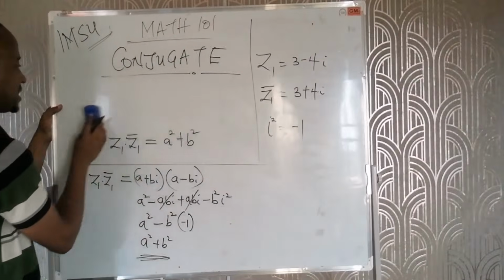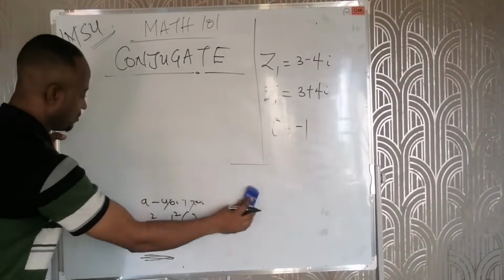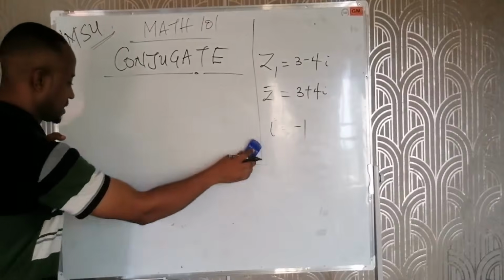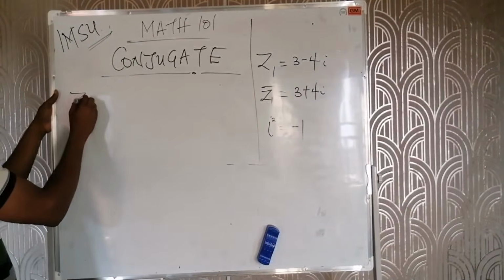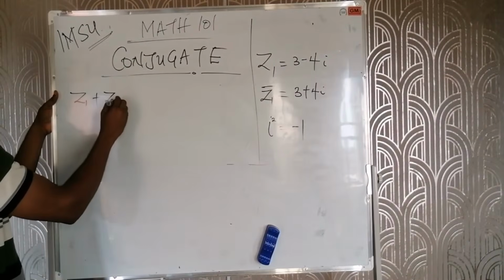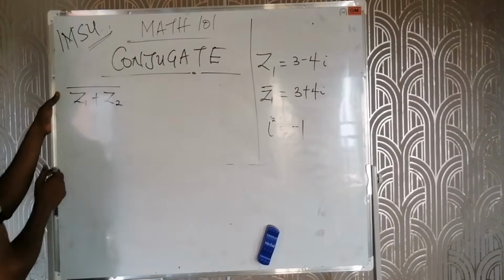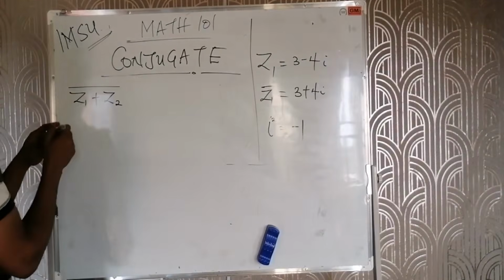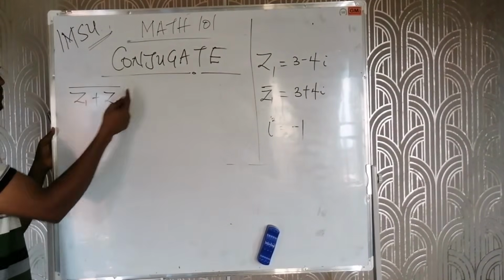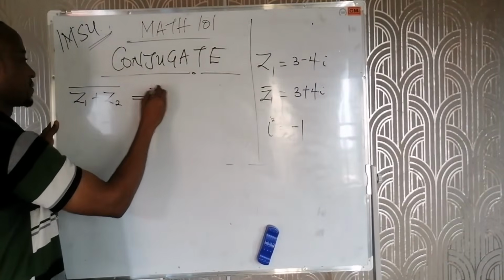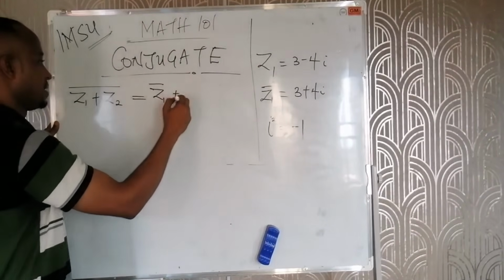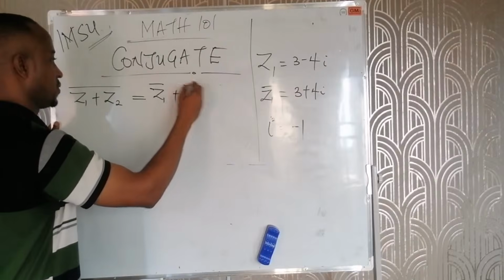Then the second property of conjugates, although I won't be proving this, just take note that whenever we have Z1 plus Z2, meaning after adding Z1 and Z2, then get their conjugate, it equals Z1 conjugate plus Z2 conjugate.